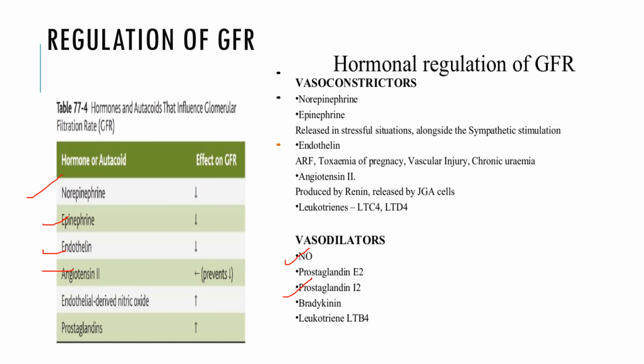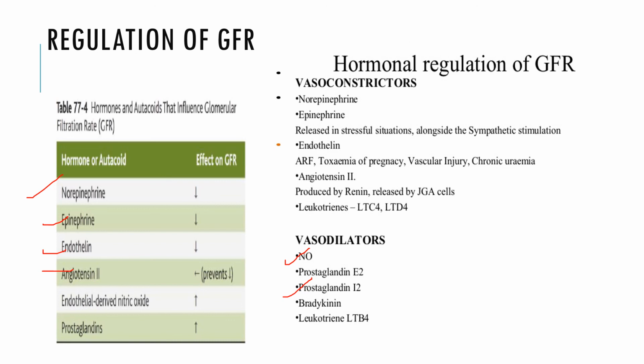Now at a higher concentration, for example in hemorrhage, there will be a pronounced constrictor effect on the efferent and a medium effect on the afferent. As a result, the renal plasma flow will be profoundly reduced, whereas there will be a moderate reduction in GFR. Thus, with both low and high levels of angiotensin II, because of its preferential effect on the efferent arteriole, the GFR is protected or preserved in the setting of vasoconstriction.